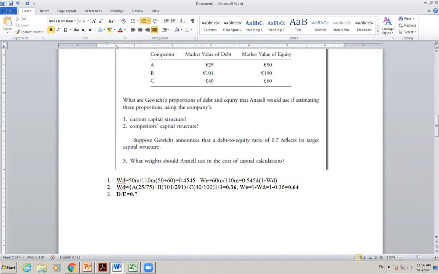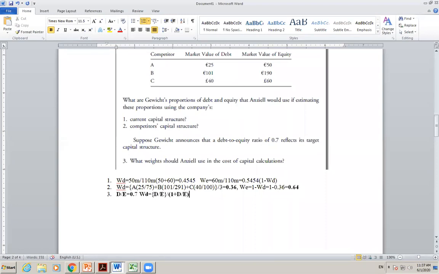So to calculate the proportion weight on the debt, you should always keep in mind, the weight of the debt is equal to debt over equity, the debt equity ratio, divided by 1 plus the debt equity ratio.